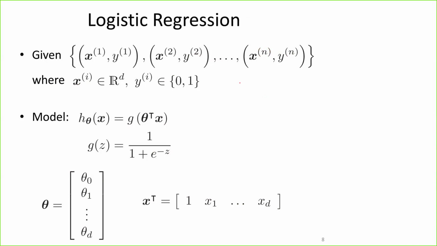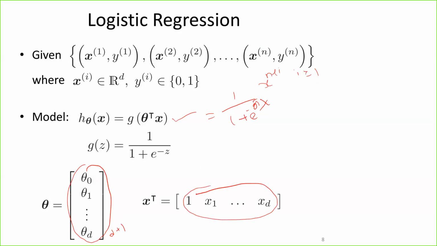The problem is to predict for the new instance x_{n+i} for i greater than or equal to 1. The hypothesis representation is g(theta transpose x), which is equivalent to 1 / (1 + e^(-theta transpose x)), where theta is the (d+1)-dimensional parameter vector and x is the (d+1)-dimensional feature vector. One of the dimensions is only one, which is x0.